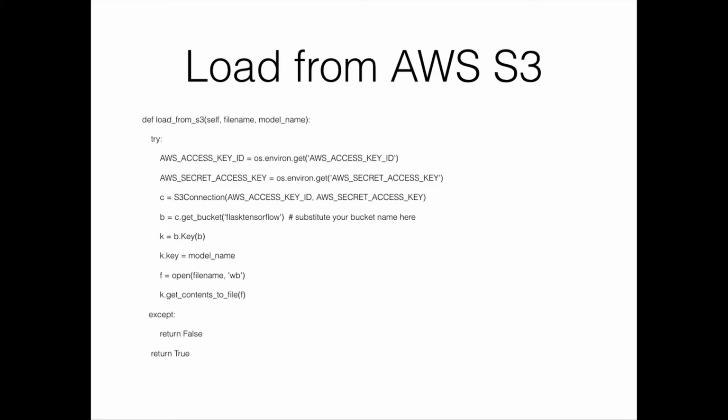But in this case, instead of creating a new key, we have to get an existing key from S3 because we want a model which has already been uploaded. So we set the key to the model name, and we create a file for writing to locally, so we can copy the file from S3 to our local directory to be loaded into TensorFlow.